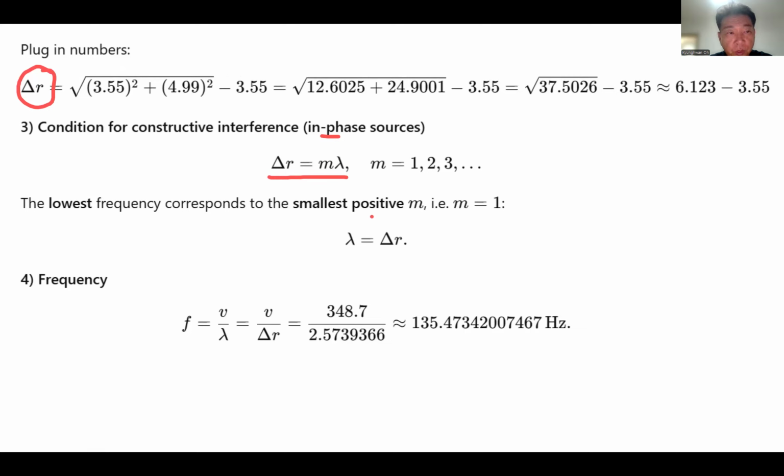We know that lambda equals v over f, so the lowest frequency means the longest wavelength. The smallest positive m is 1, so lambda becomes delta r, and in that case the frequency becomes v over delta r.